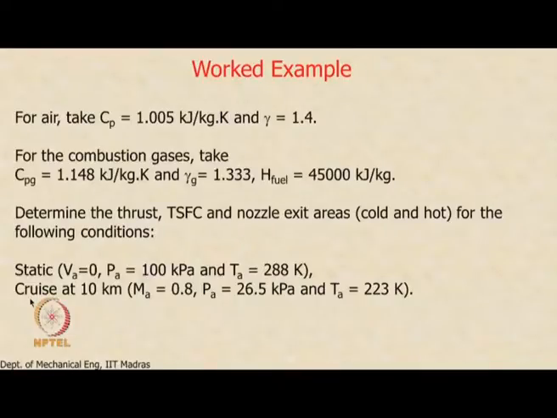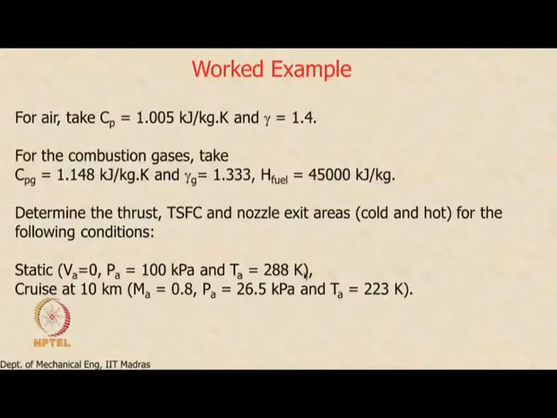And then we are also asked to calculate the thrust, TSFC and nozzle areas for cruise at 10 km altitude, which corresponds to running conditions of 0.8 for the Mach number, ambient pressure 26.5 kilopascal and ambient temperature 223 Kelvin.